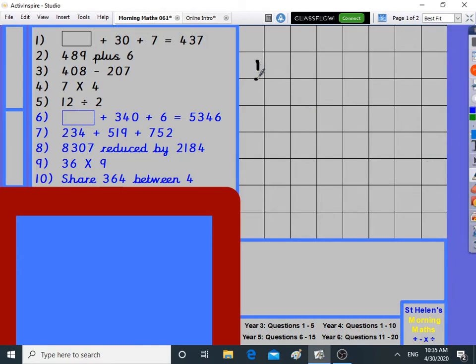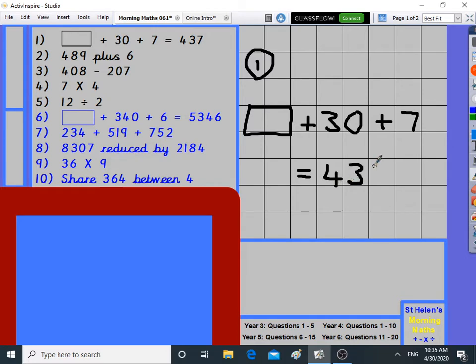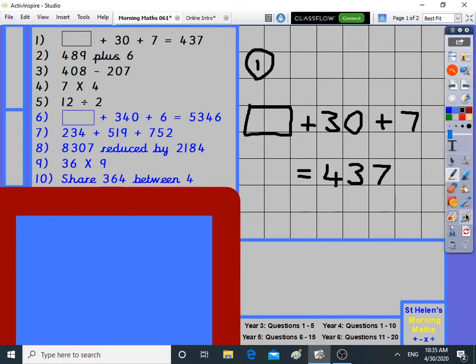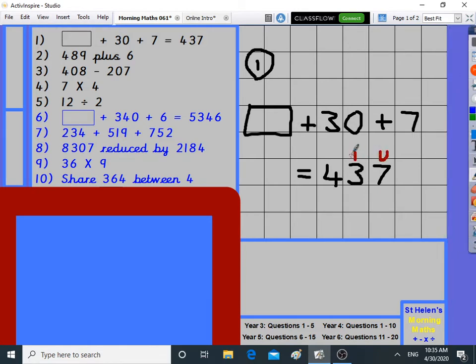Let's go with number 1 on year 3 level questions. Something plus 30, mystery, plus 30, plus 7 equals 437. As usual, if you need to pause the video to copy down, then do that. So let's have a look. In my answer here, units, tens and hundreds. Well, 7 units, that's there.